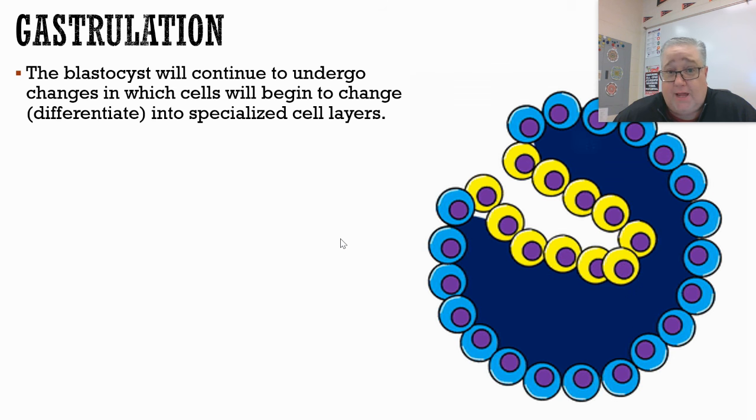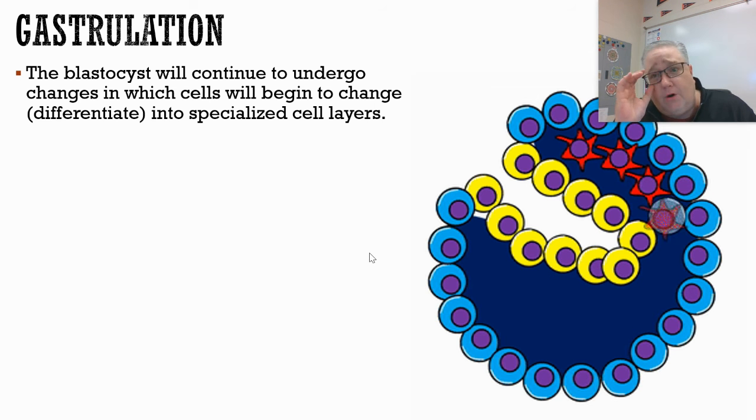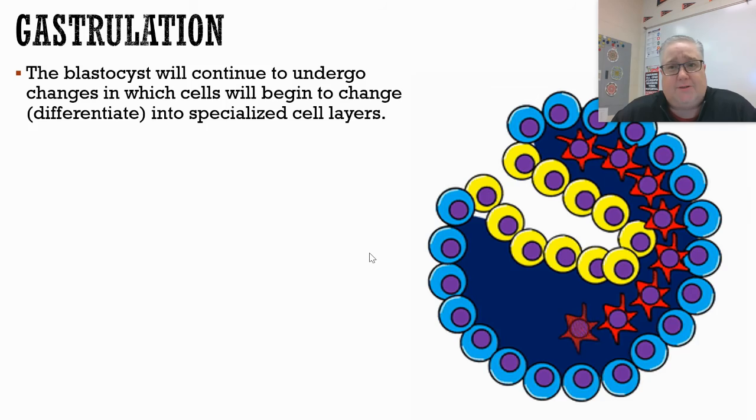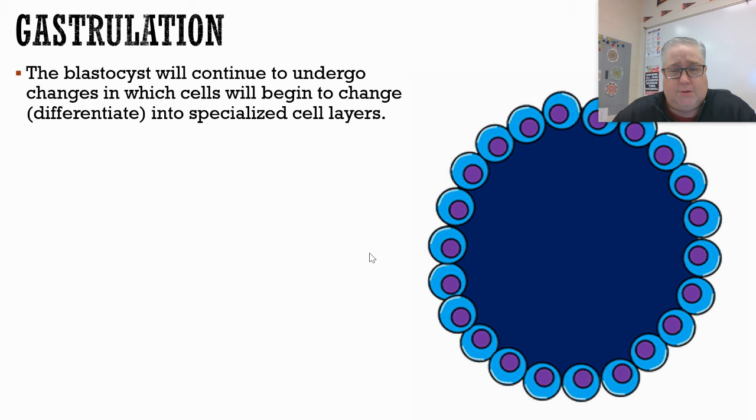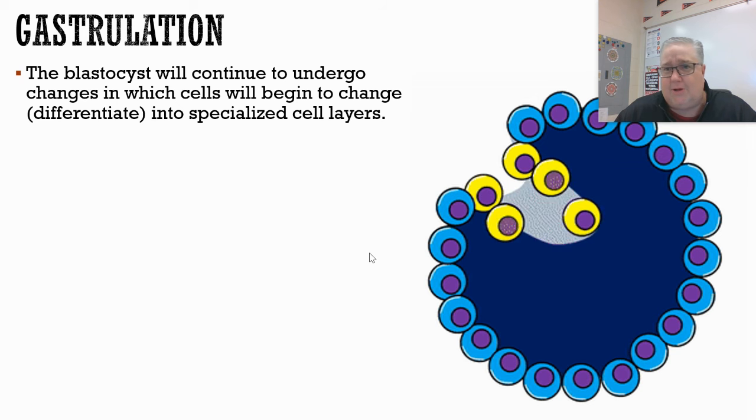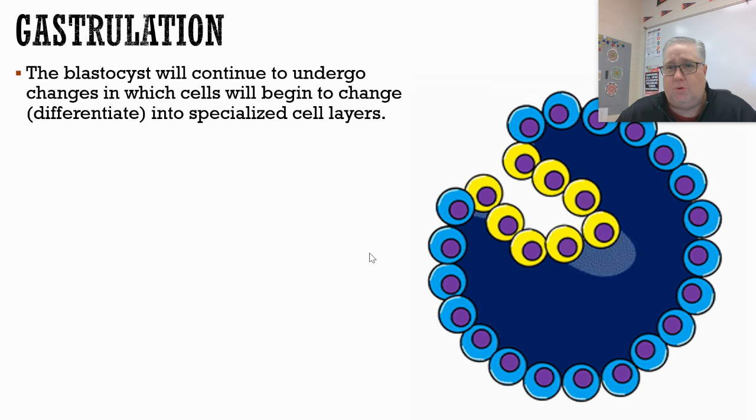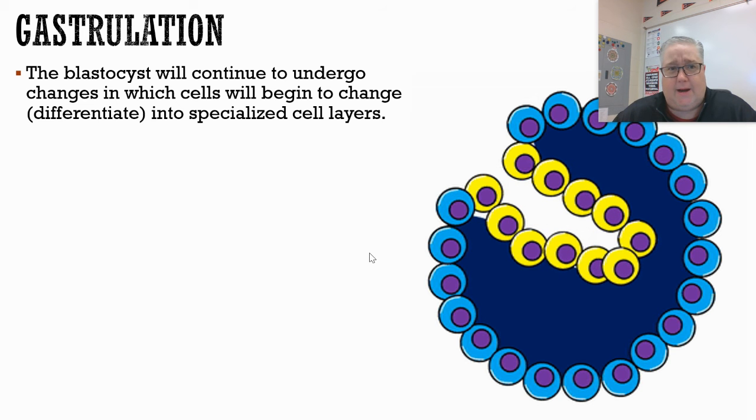The word differentiate means to change. You might remember back earlier in the year we talked about stem cells. Stem cells are cells that have the potential to turn into different types of cells in the body, like brain tissue or muscle cells or whatever.